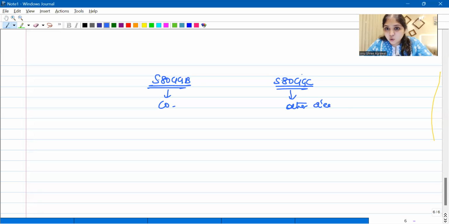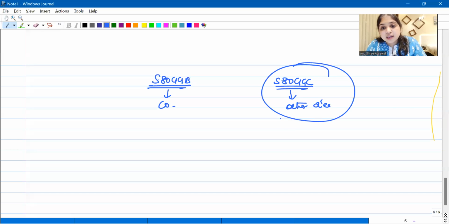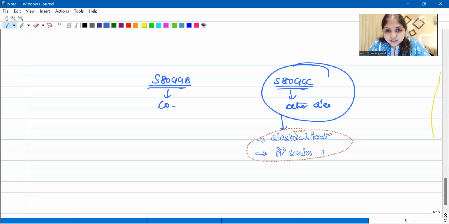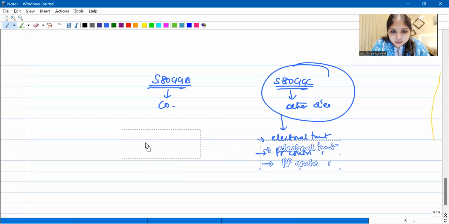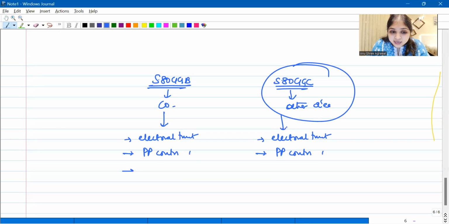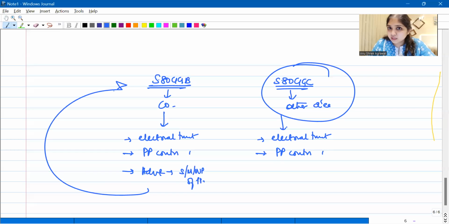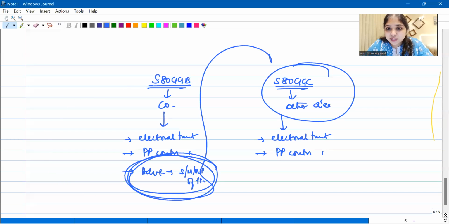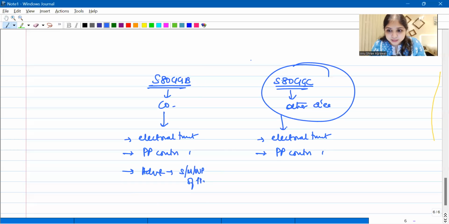So first of all, right now, my focus is only 80GGC. Now, 80GGC includes payments which I make to electoral trust. 80GGC includes all political party contributions that I make. Same 2 points are there in 80GGB also. Okay, but in 80GGB, there's one more extra point, which is advertisement. Advertisement in souvenirs, magazine, newspaper of political party, even that comes under 80GGB. But tell me, does this point come under 80GGC? It doesn't come under 80GGC.